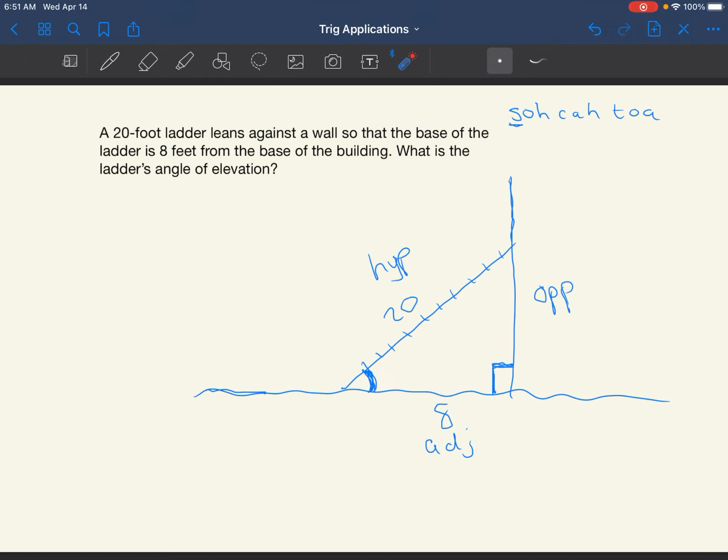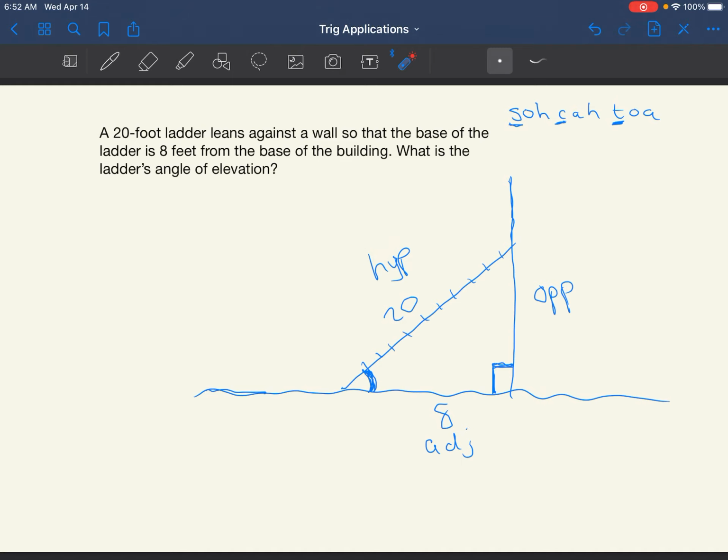So we've got to determine which one I am using. Am I using sine, cosine, or tangent? So let's look at our triangle and determine which one we're going to use. Well, I'm looking for the angle, and I have two sides. These two sides right here, 20 and 8. Okay, I know the measurement of these two sides, 20 and 8. Well, those two sides are the hypotenuse and the adjacent.